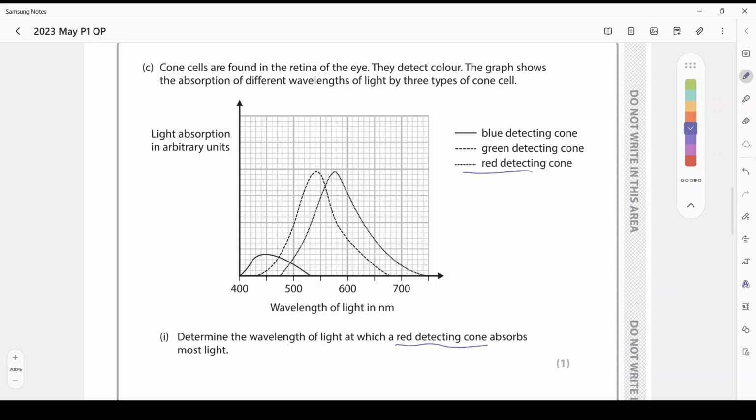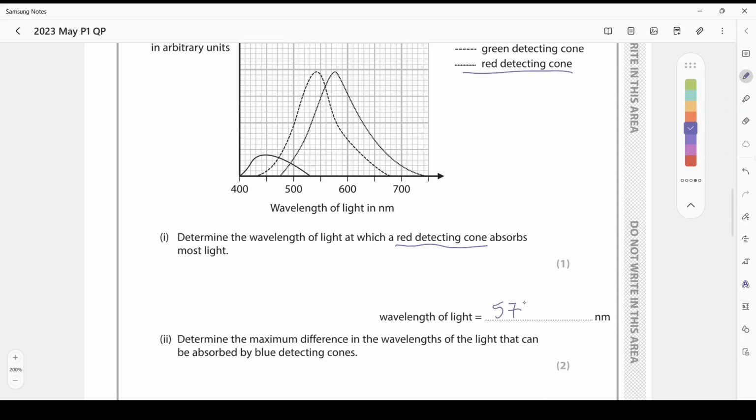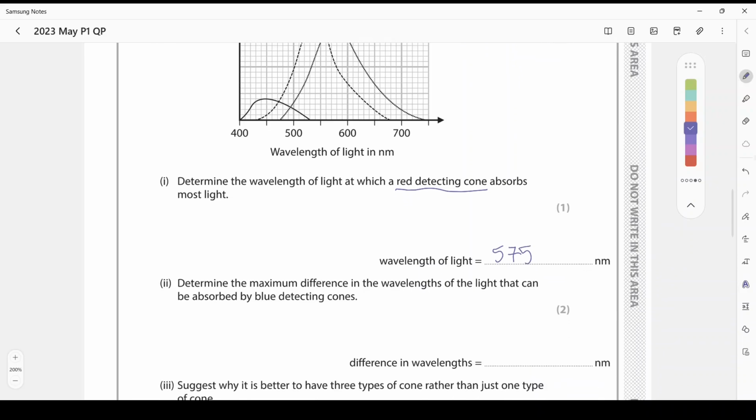So the red detecting cone would be the dotted one that we see here, and this would be where the peak is, and we can see this part is 550, 560, 570, so that's about 575. Let's write that down. 575.